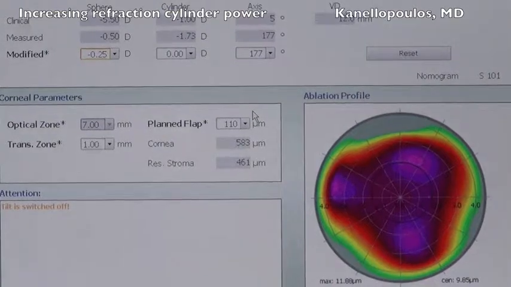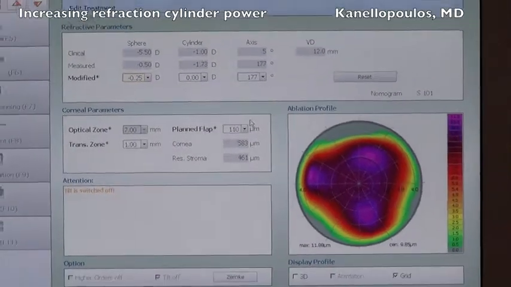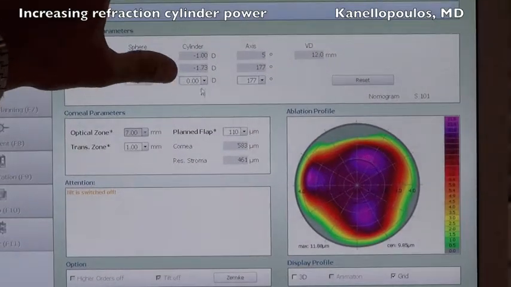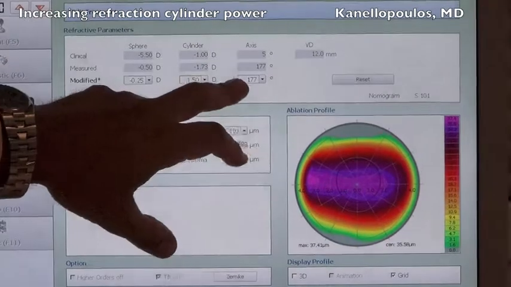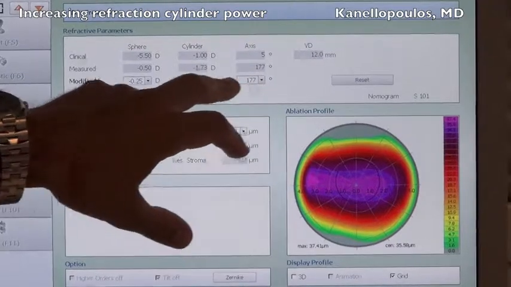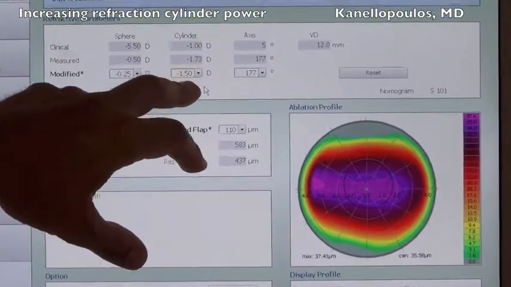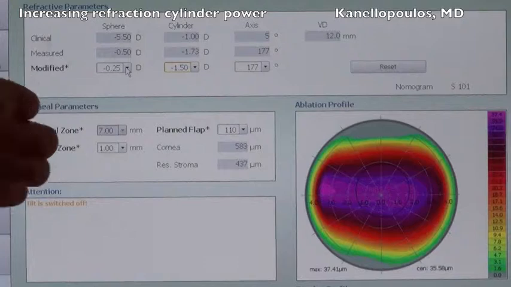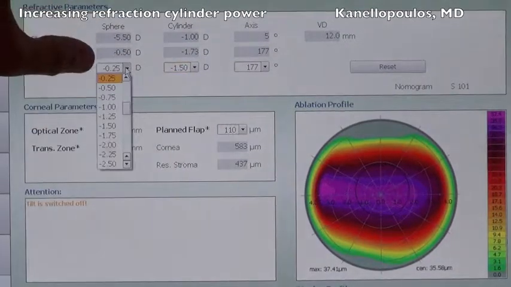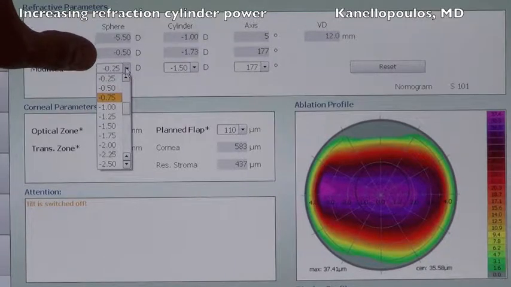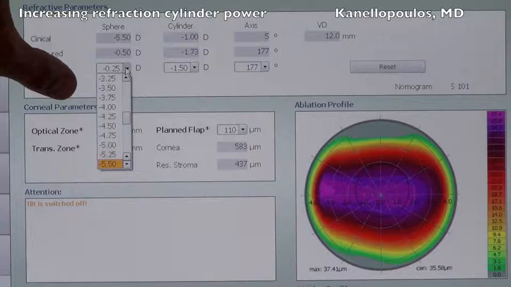So we're going to arbitrarily increase the cylinder from 1 diopter to 1.5 diopters at the axis of the topographic cylinder, and we're going to take this extra half diopter of cylinder out of the sphere, which will make our topographic neutralization become 0. So we're going to add here the minus 5.5 of our clinical refraction after all.